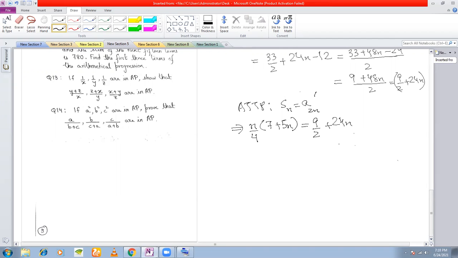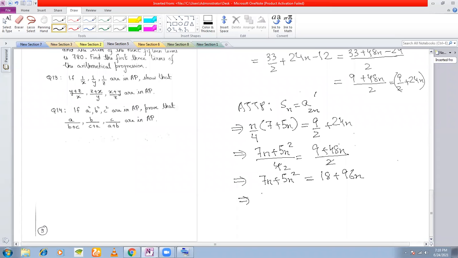So now we want to simplify this to get an equation in n. So you take the LCM here, 7n plus 5n square divided by 4 is equal to 9 plus 48n divided by 2. So here 2 will cancel. I cross multiply, you get 7n plus 5n square is equal to 18 plus 96n.